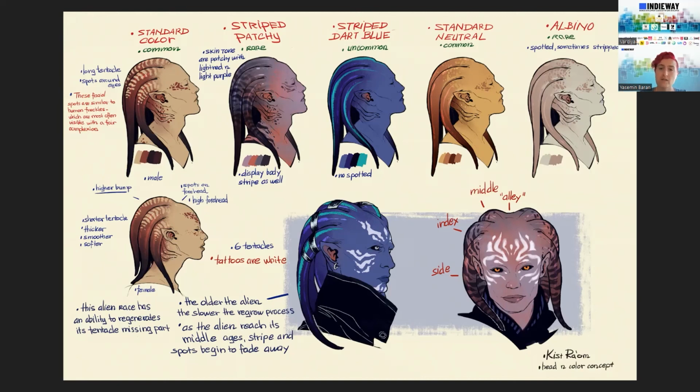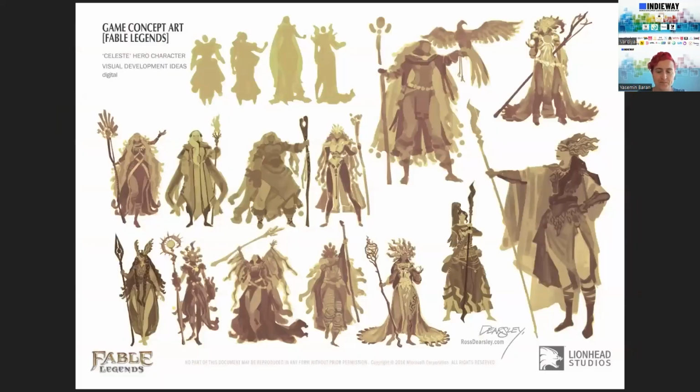For example, these ones have shorter horns because they lived in caves, so they have evolved to have shorter horns. That's why their cousins living in open wide areas have longer horns. So that's an example of a reason.